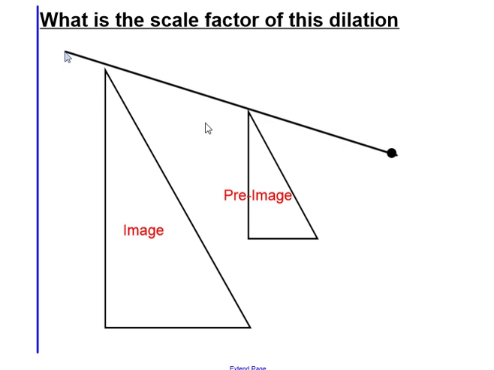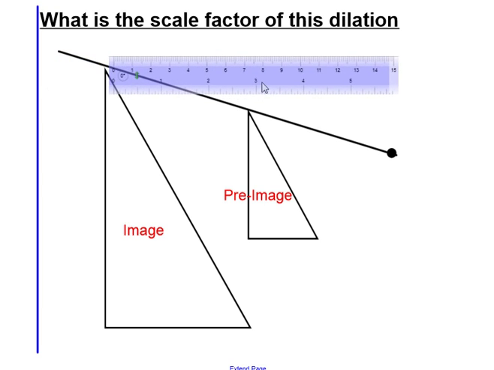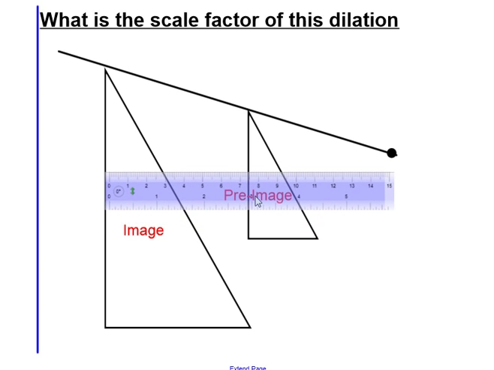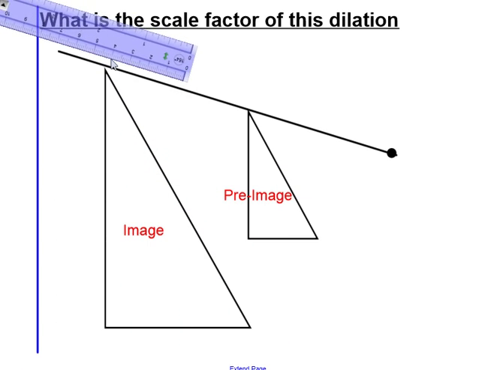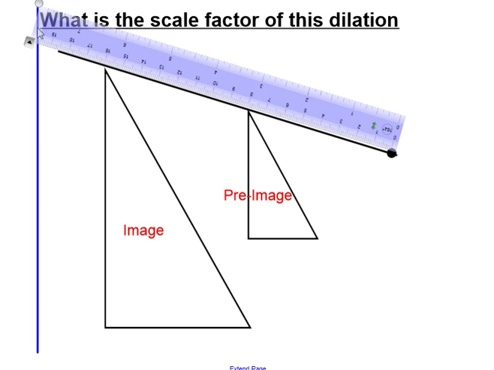So there's one of those lines. Now what I'm going to do is use a ruler and measure how long the distance is from the point to the small triangle and from the point to the big triangle. So let's spin this around. Remember, when you do this, you need to make sure you put 0 on the center of dilation. What I see on my ruler is from the center of dilation to the first triangle, the length is about 8 centimeters.